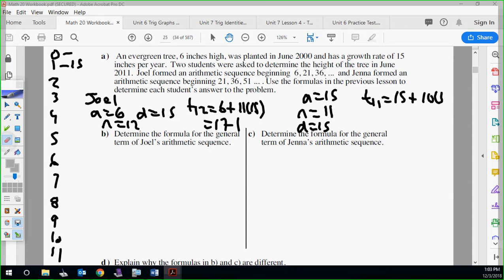It makes no sense. Her A is 21. Thanks. That's why mine was looking bad. So that's 171 as well. They get the same answer. That's the point. They both can be effective if they're used correctly.